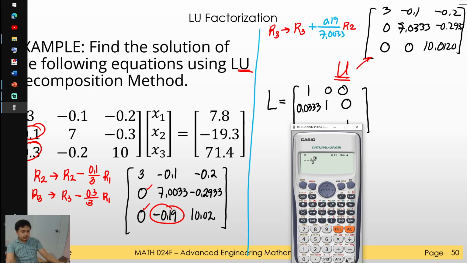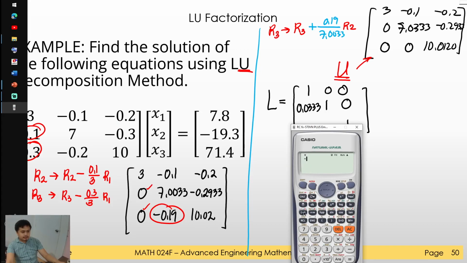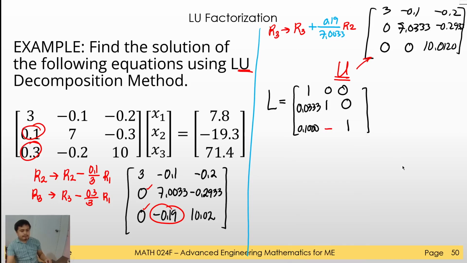This will become positive, so 0.1. And then for this one, since this is positive, this will now become negative. So we have negative 0.19 over 7.003. Okay, so we have negative 0.0271. Okay, and then 1 here. So this is now your L matrix, and this is your U matrix.